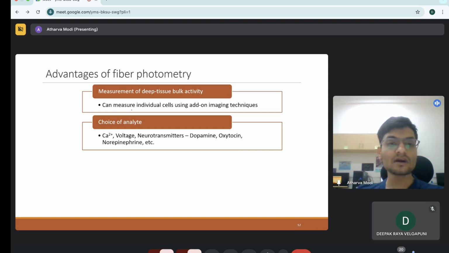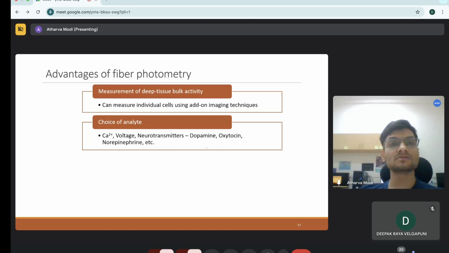And you not only measure the electrical voltage or ion concentration, you can measure all kinds of different things like calcium concentration, voltage. You can design proteins which are specific to some neurotransmitter: dopamine, oxytocin, norepinephrine, serotonin, or glutamate.